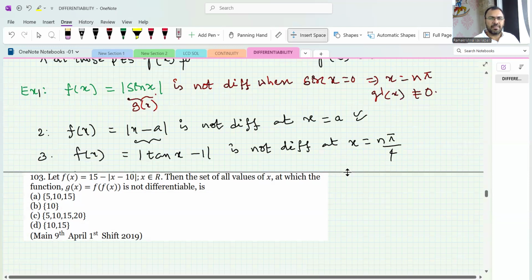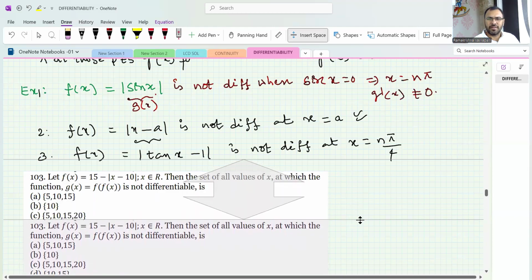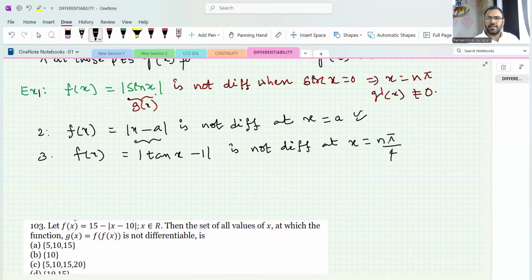Sir, you said that it is non-differentiable when tan x equal to 1, but how do you write x equal to n pi by 4? We have to include the points of discontinuities.